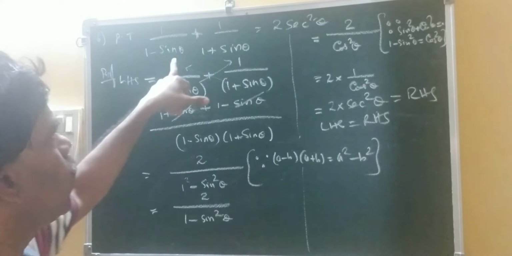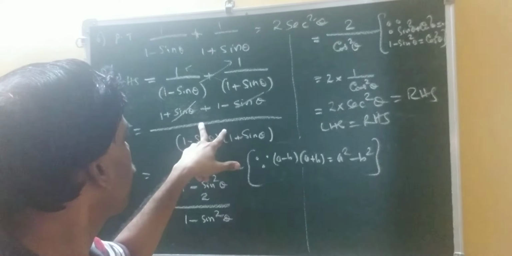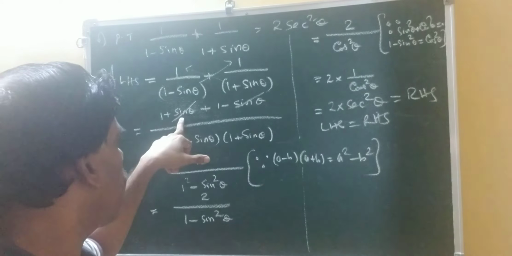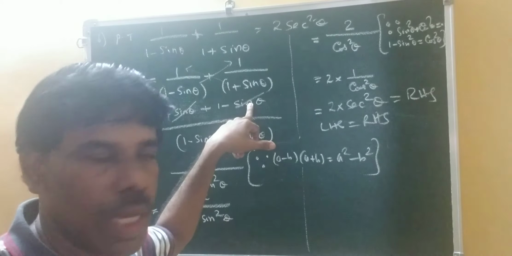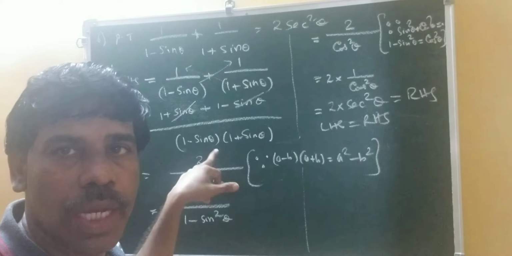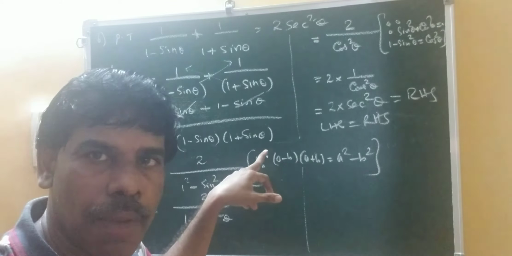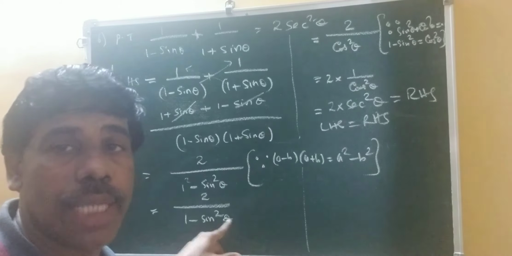I will explain to you what you did here. You have simplified by taking LCM. And then in the numerator, we have got plus sin theta minus sin theta. That got cancelled. So you got 2. In the denominator, you have got the form a minus b into a plus b. That is a square minus b square. So we have got 1 minus sin square theta.